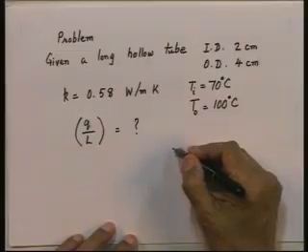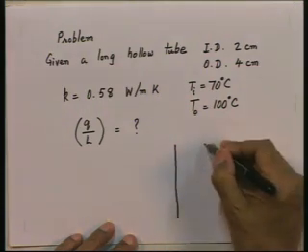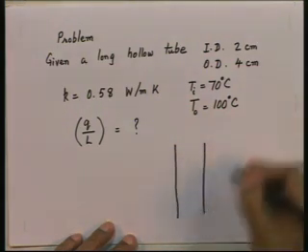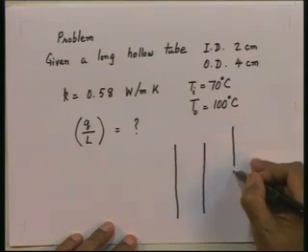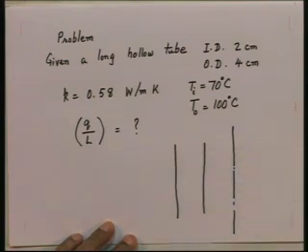So, in this case what will we get? If I draw a sketch, it is going to look something like this. Let us say this is the outer surface, this is the inner surface, and let us say this is the center line. All right.